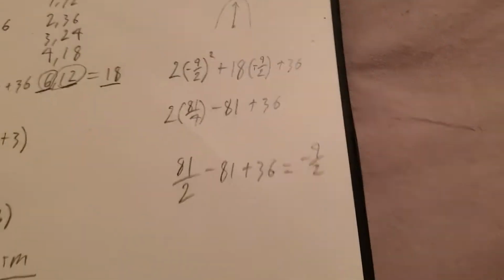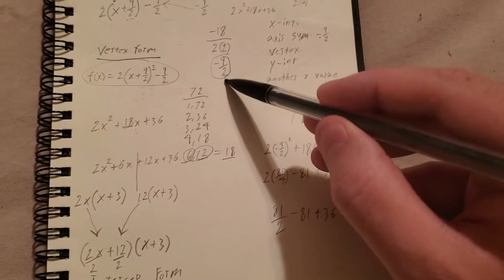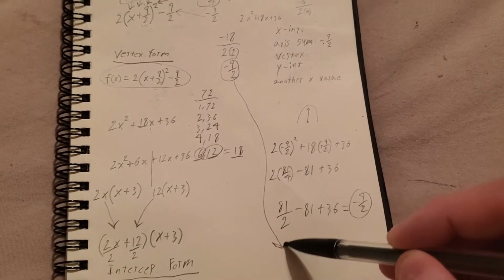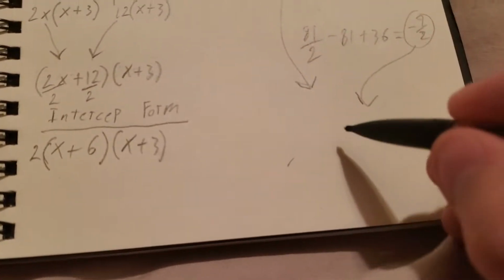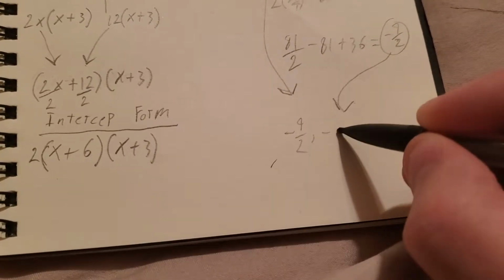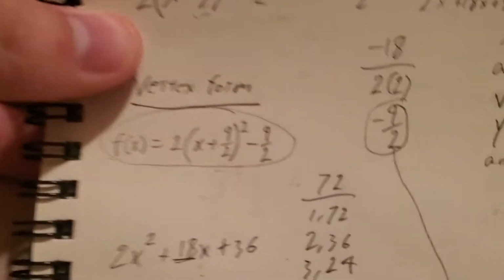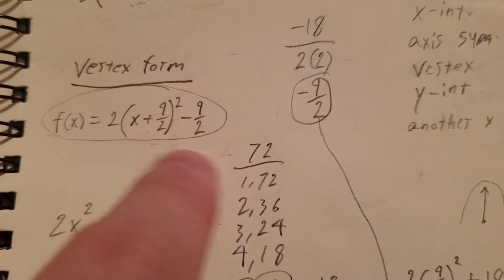Now this is the y. Okay, this is the y value. So if you bring both of these values down, you're going to have the x and the y value of negative 9 over 2 and negative 9 over 2 again, which is the exact same thing as just looking at it in vertex form and saying, okay, negative 9 over 2, and then negative 9 over 2 again.